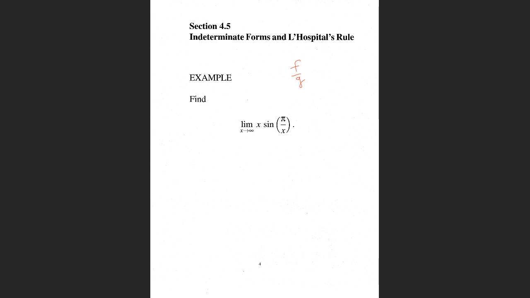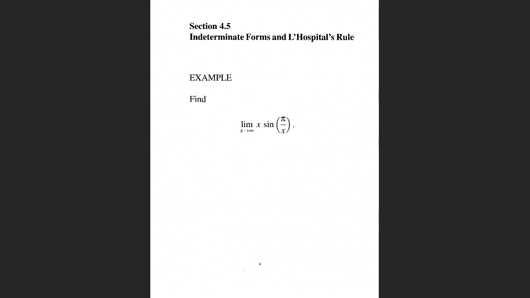Product. A product. Okay, well now, L'Hopital's rule says that we have to have a ratio of two functions, and the indeterminate form is either 0 over 0 or plus or minus infinity over plus or minus infinity. So, can we find this limit?